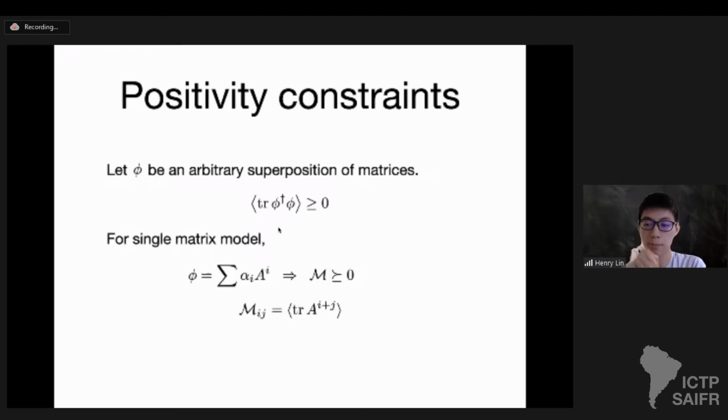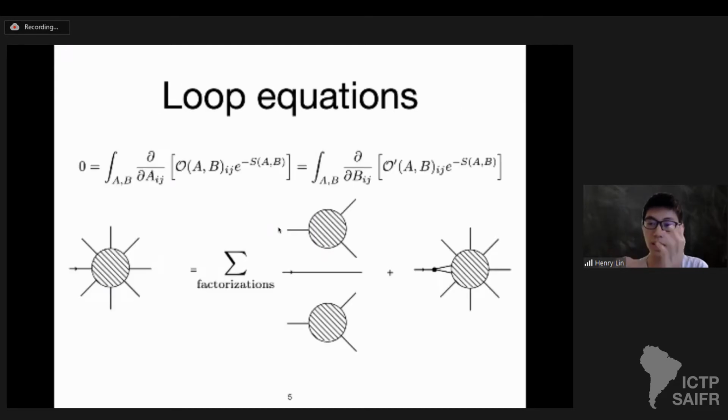But for a more complicated matrix integral involving many matrices, this is a more complicated positivity constraint. Okay, so now I need to explain to you the third ingredient, which is to relate the correlation functions in some way so that we get some interesting constraint that plays with the positivity.